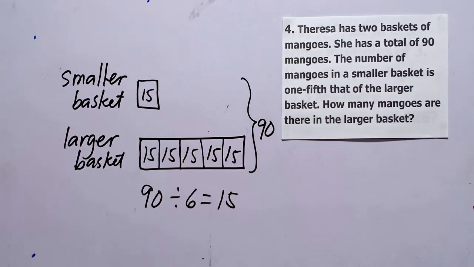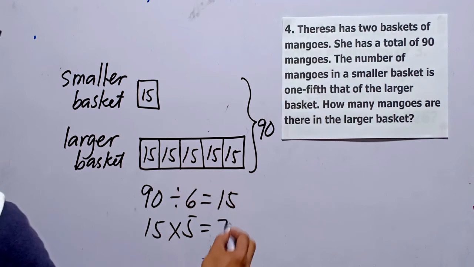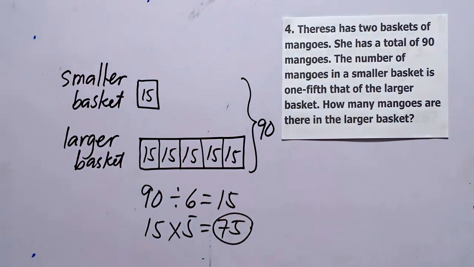Now, can you tell how many mangoes are there in the larger basket? There are 5 15s, so you can just multiply 15 times 5, right? And that will give you 75. So our answer is 75. There are 75 mangoes in the larger basket.